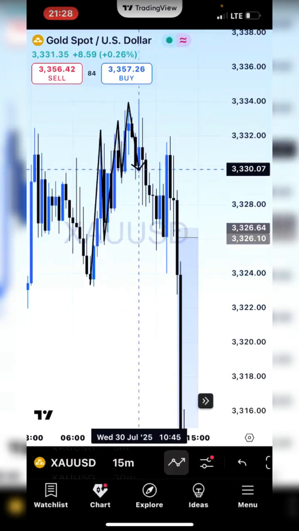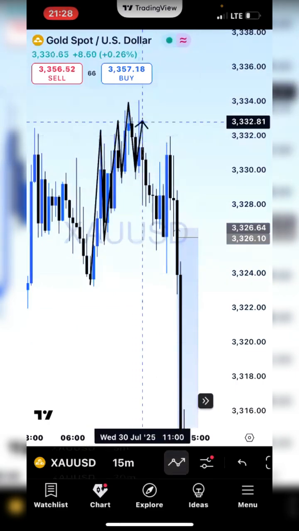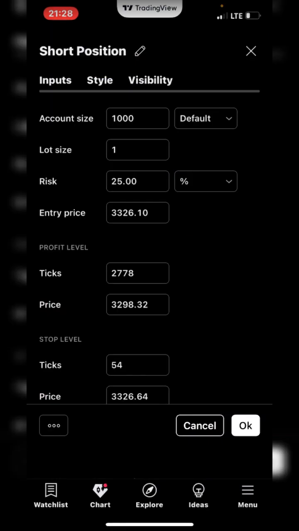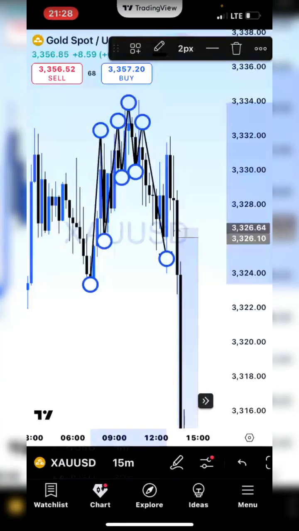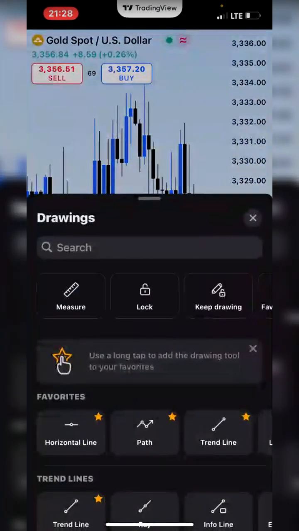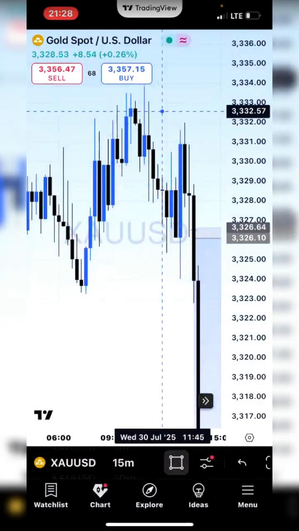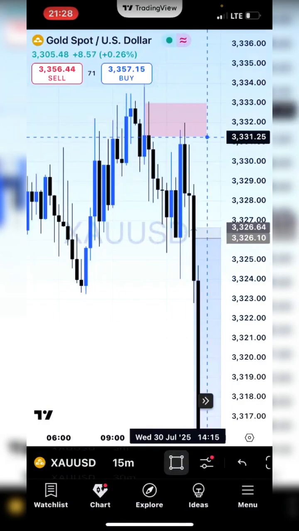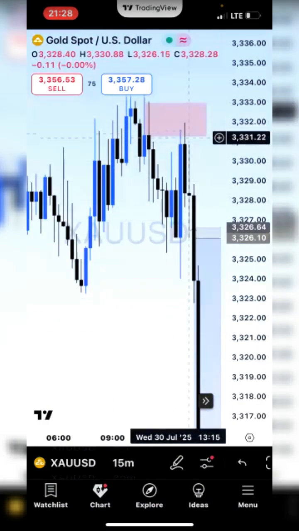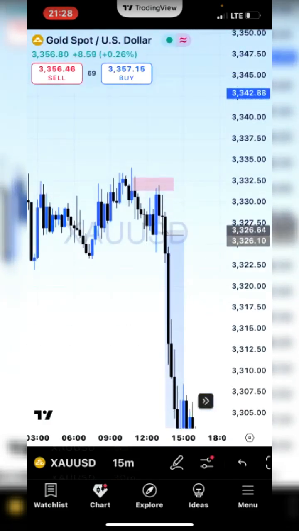It did not change character yet, and then it pulled back up and then dropped down. So here is the invalidation X. Price came and tapped it and dropped massively from it. You guys understand?